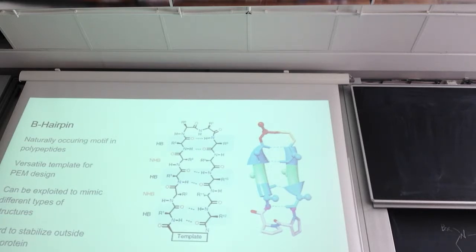It's a naturally occurring motif in proteins and peptides, and it's present in the antigen binding sites of antibodies, as well as in the ligand binding sites of several proteins. And it possesses a high degree of structural diversity due to variations in loop size as well as amino acid sequence.